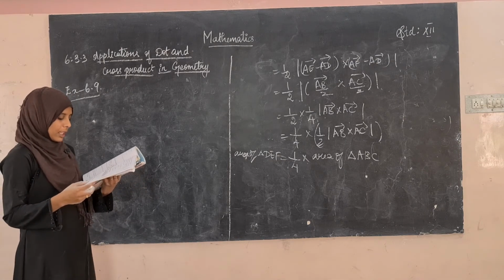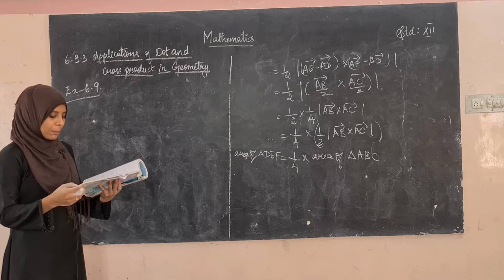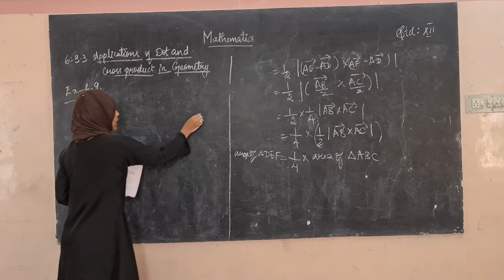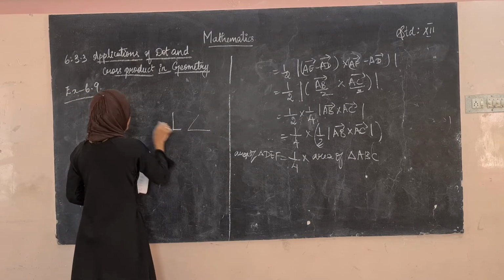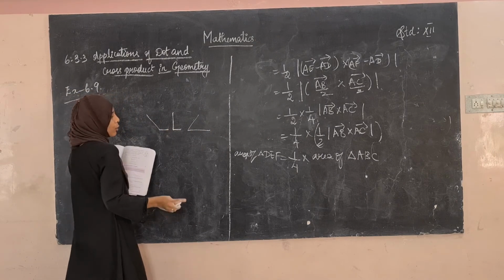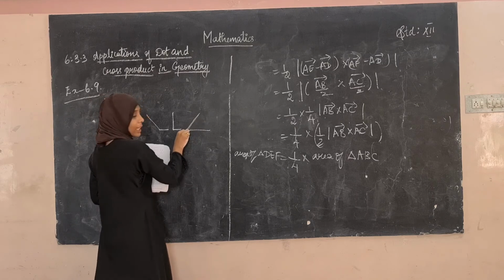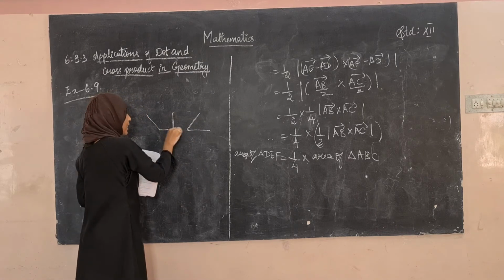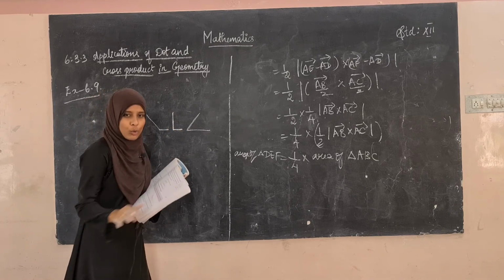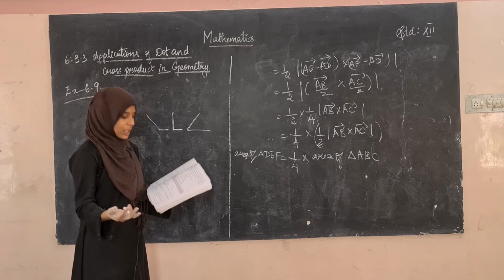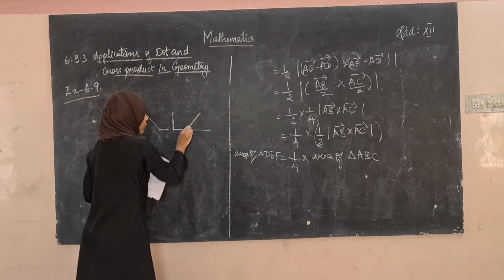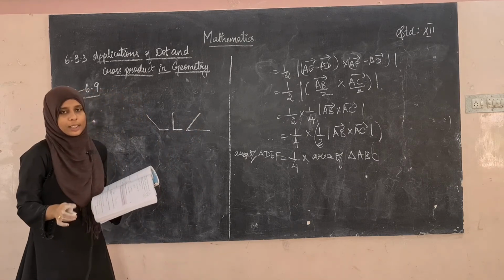Before that, see here, if the force is at an acute angle, then the work done by the force is positive. This is acute, this is right angle, and this is obtuse. If the force is at an acute angle, the work done is positive.